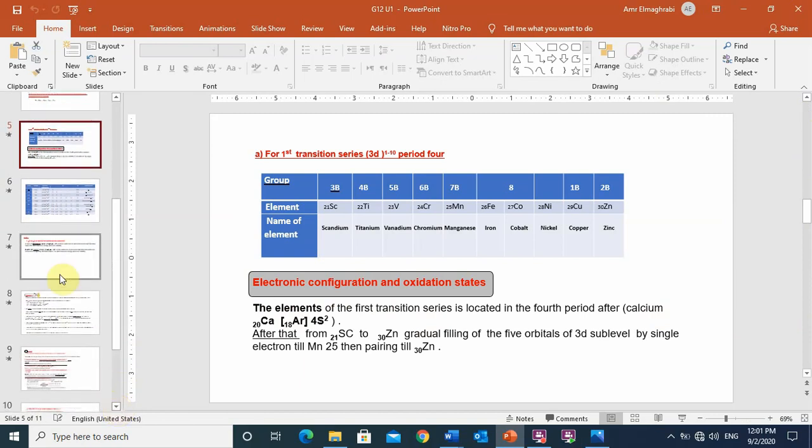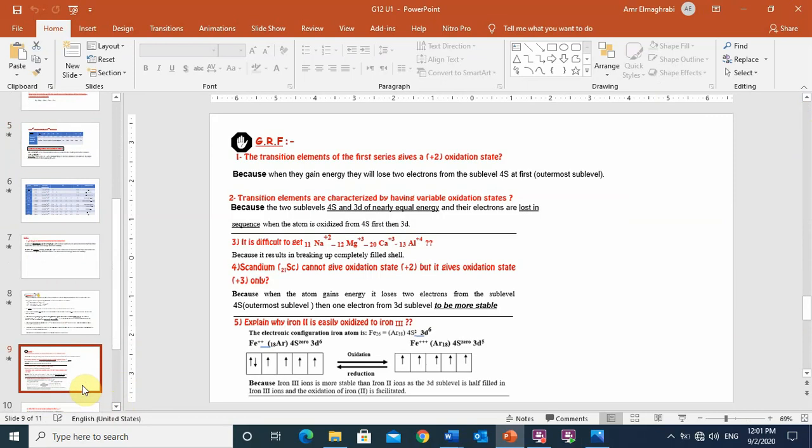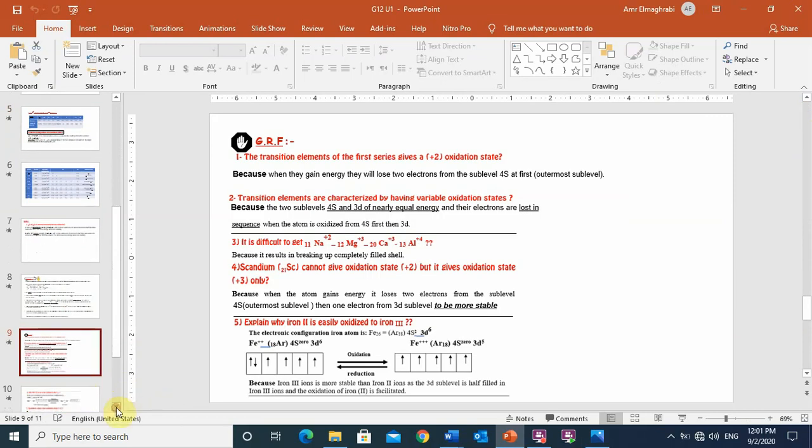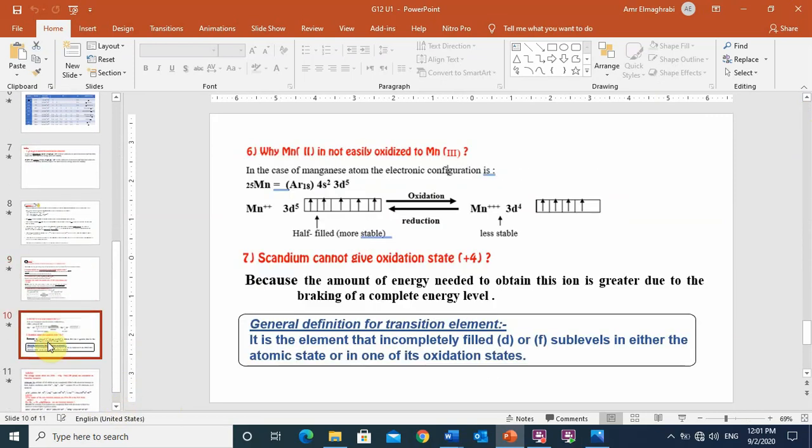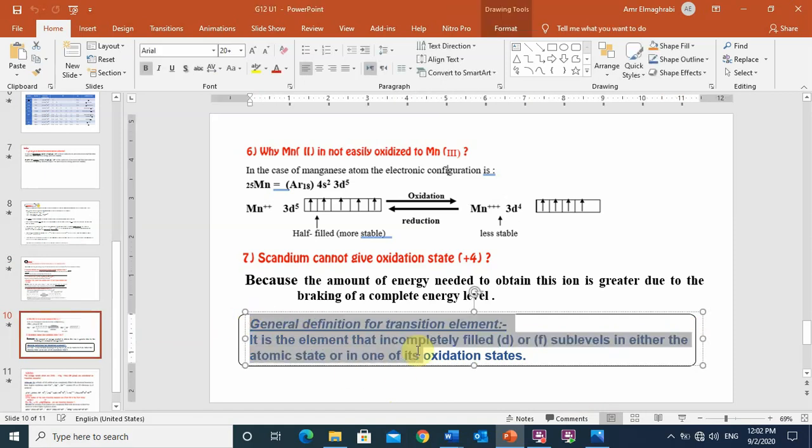To understand what a transition element is, let's have the definition, then explain it. The definition of a transition element: it is an element that incompletely fills the D or F sublevel in either its atomic state or in one of its oxidation states.